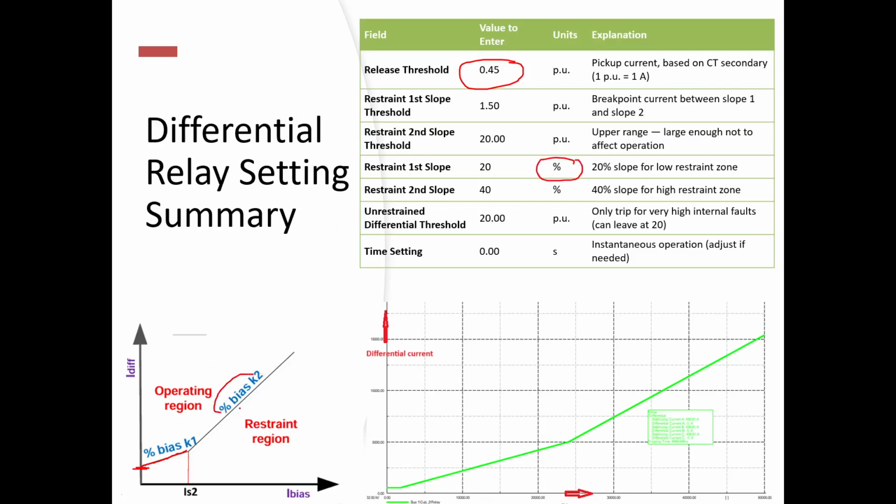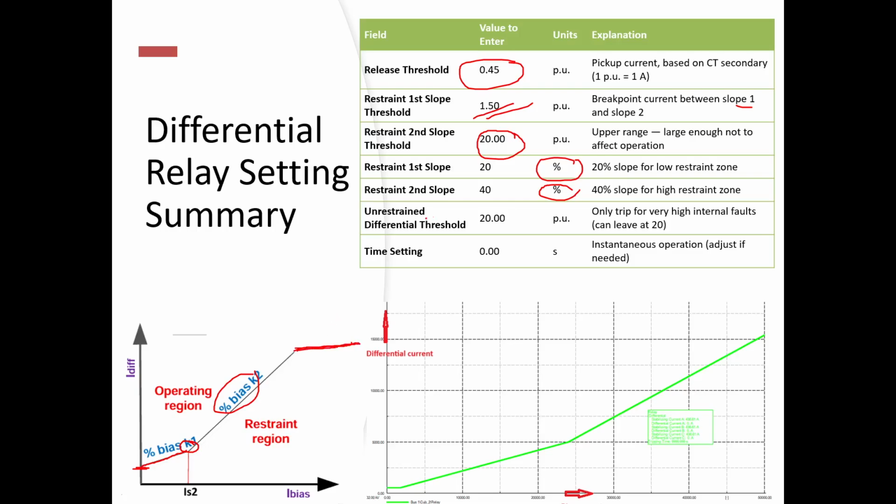The second slope is 40%. And this 1.5 is between slope 1 and slope 2, which is around here, and this 20 per unit is when we have a maximum fault.